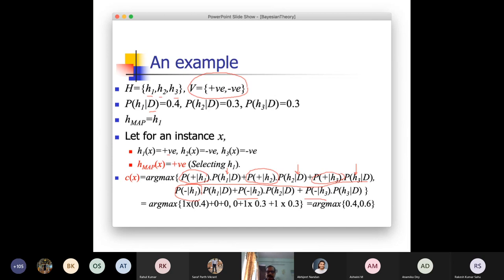So argmax means the label which will maximize it, and that is the negative label. So you have to choose argmax, not the max. So naturally, then the label becomes negative. So it is not that the MAP approach will always give an optimal decision. That you should understand.